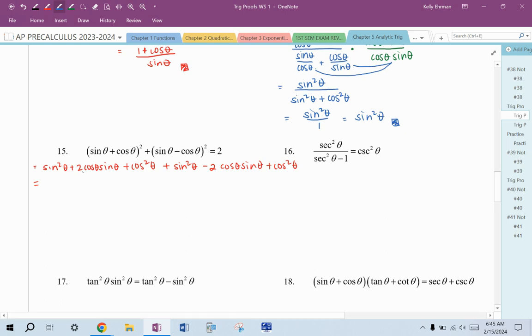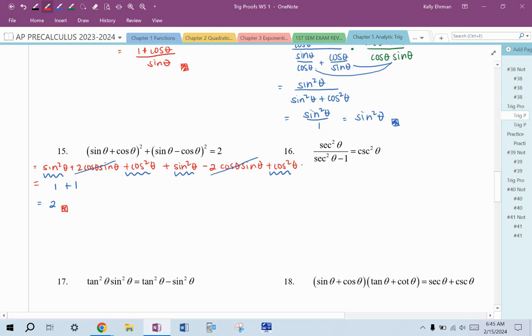So there's a plus 2 cosine sine and a minus 2 cosine sine that cancel out. Sine squared plus cosine squared is 1. There's another plus sine squared plus cosine squared. So 1 plus 1 is 2, which is what we were trying to show.